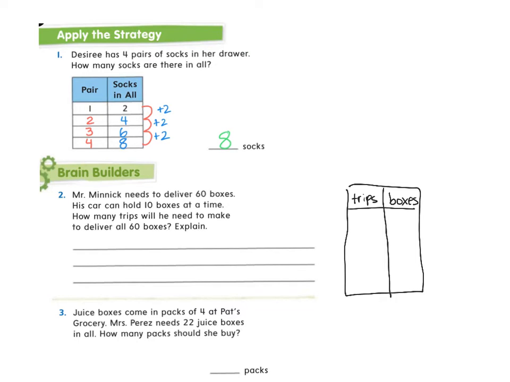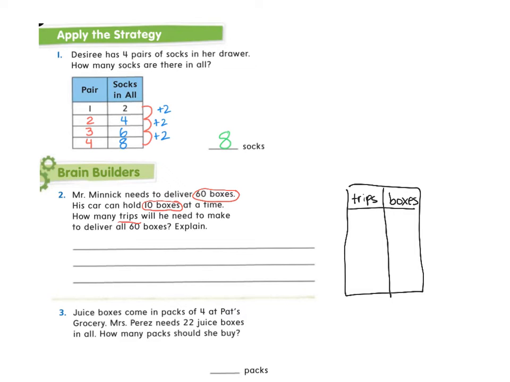If you see a problem like this when we're talking about tables, you need to draw your own table, all right? So let's look. He needs to deliver 60 boxes. That's some information we have. His car can hold 10 boxes at a time. And we're looking for how many trips he needs to make, all right? So we know that our ending amount of boxes is going to be 60, okay?